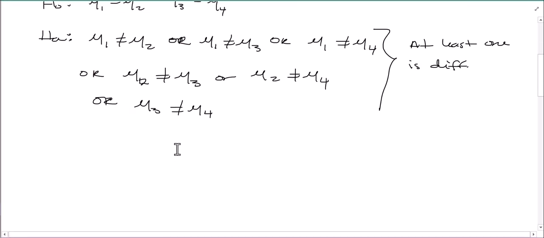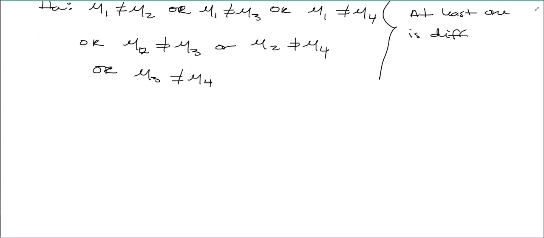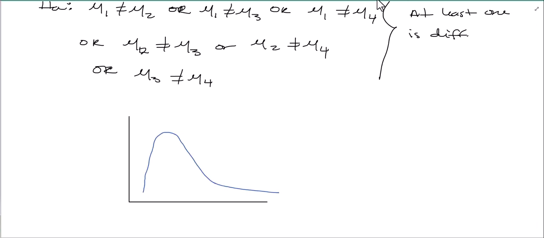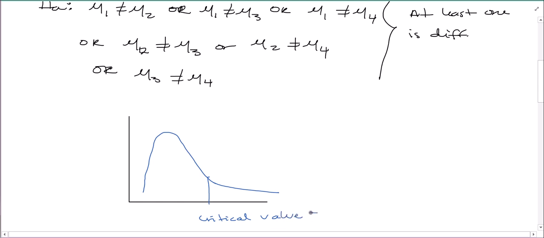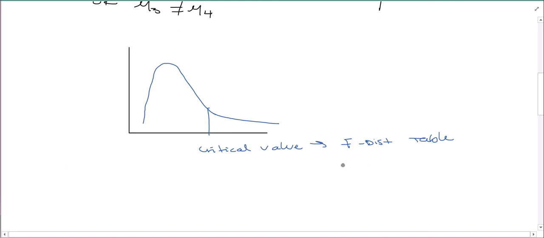So going back over here to my notebook, now if I wanted to do it by drawing the critical region, then I would come over here and draw my skewed right F distribution, and then try to figure out, okay, what is my critical value? And we find that by looking at the F distribution table with degrees of freedom for the numerator and degrees of freedom for the denominator.